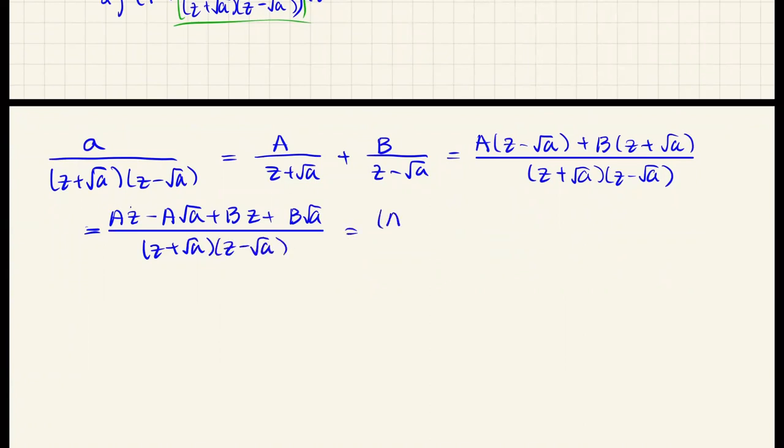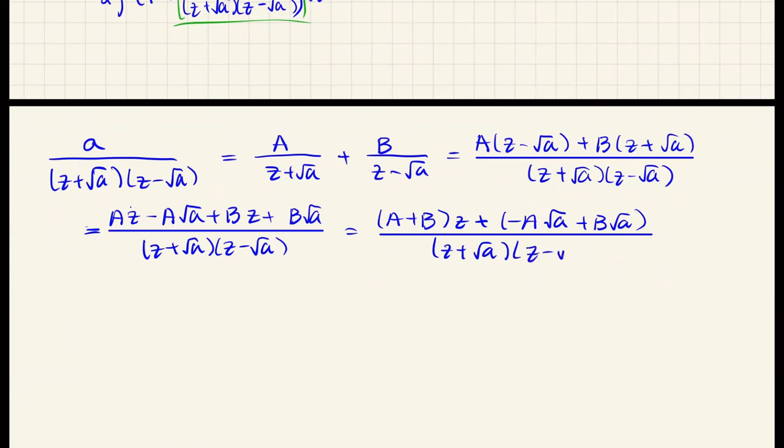And group the terms, so we have (A plus B) times z plus (minus A root a plus B root a), and the same denominator. Okay, so now just to compare the coefficients, for the first one, we know that A plus B is equal to 0, so call this equation 1.